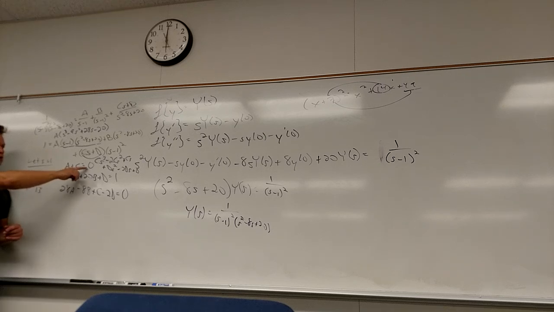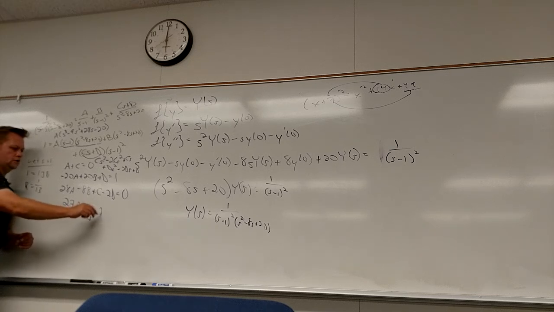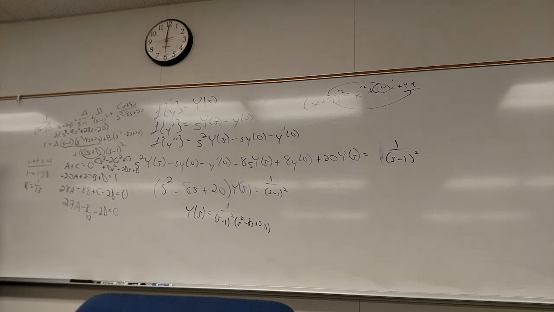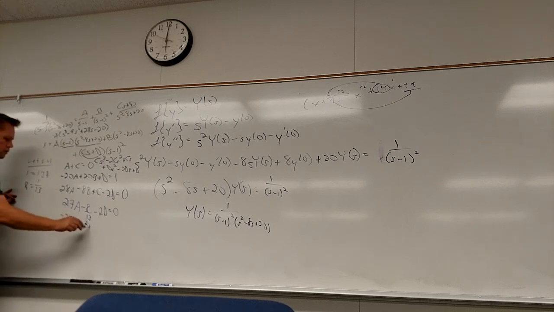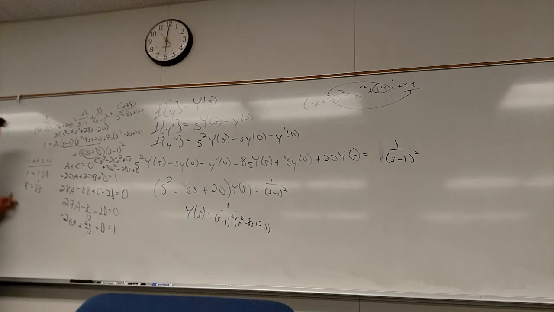So if I do c is negative a, I get 27a minus 8/13 minus 2d equals 0. And this one is negative 20a plus 20/13 plus d equals 1.